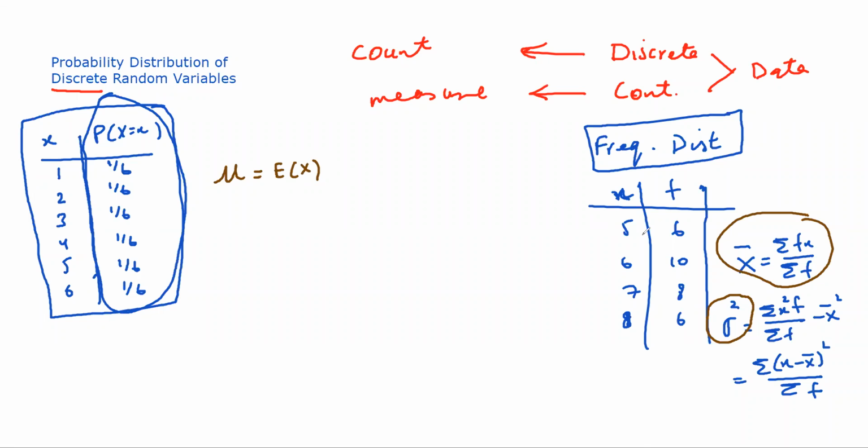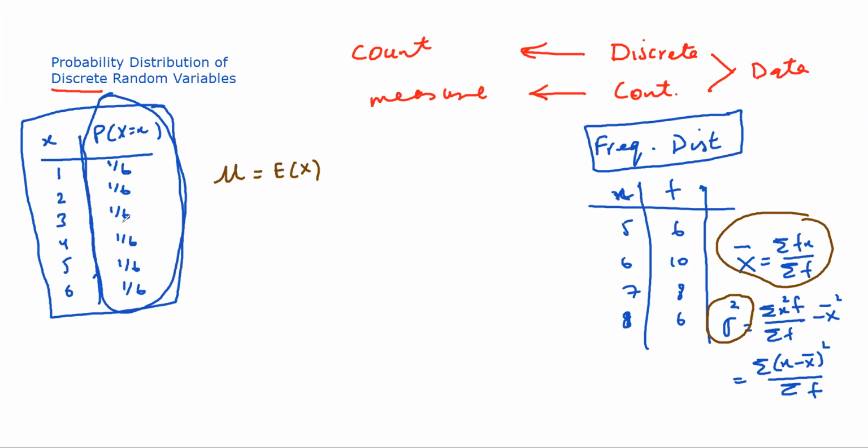Okay. Guys, there is a clear difference between these two tables over here. Frequency distribution shows what has actually happened. Frequency distribution shows the outcomes of an experiment, that this is what actually happened: 5 came 6 times, 6 came 10 times, okay? And this probability distribution is a theoretical thing, an imagination.